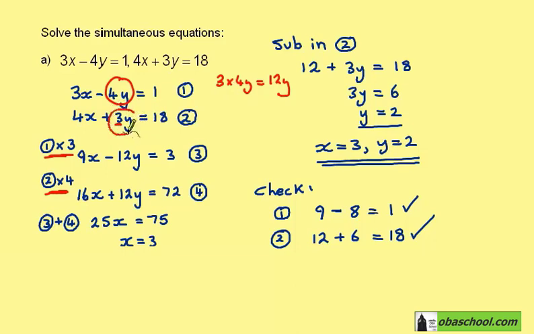In equation 2, 3 y's, 4 y's in equation 1, and 3y times 4 is 12y. So we've got the same number of y's in both equations by doing this.